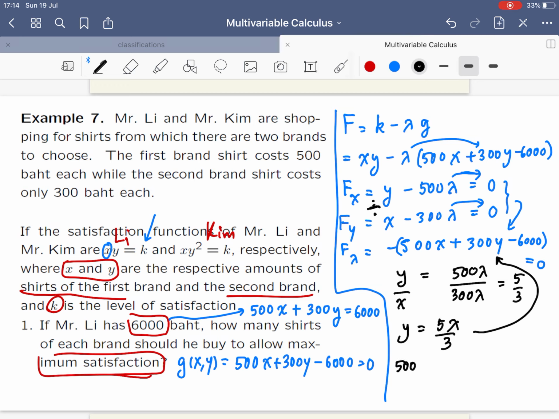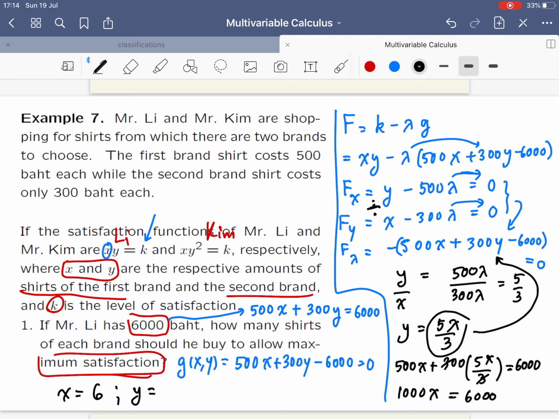So you have 500x plus 300 times 5x over 3 must equal 6,000. So of course, you have 1000x equals 6,000. So your x is 6, and your y, you just plug in here, is 10.